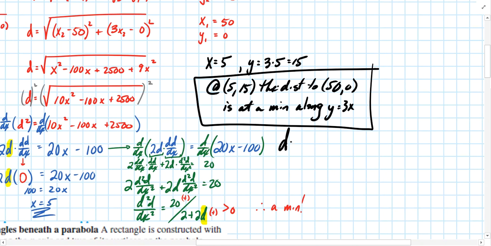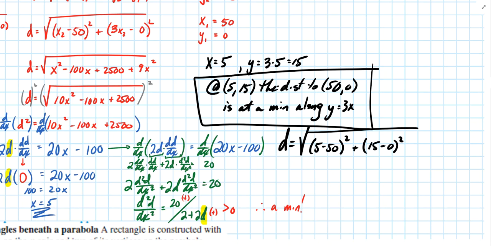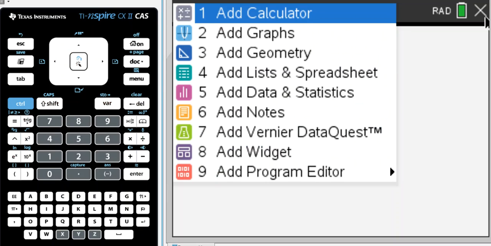The second part of the question did ask us to find the distance. So the square root of (x2 in this case is 5) 5 minus 50 squared plus the y-coordinate, which is 15, minus 0 squared. Well, I'll just go to the calculator for that.